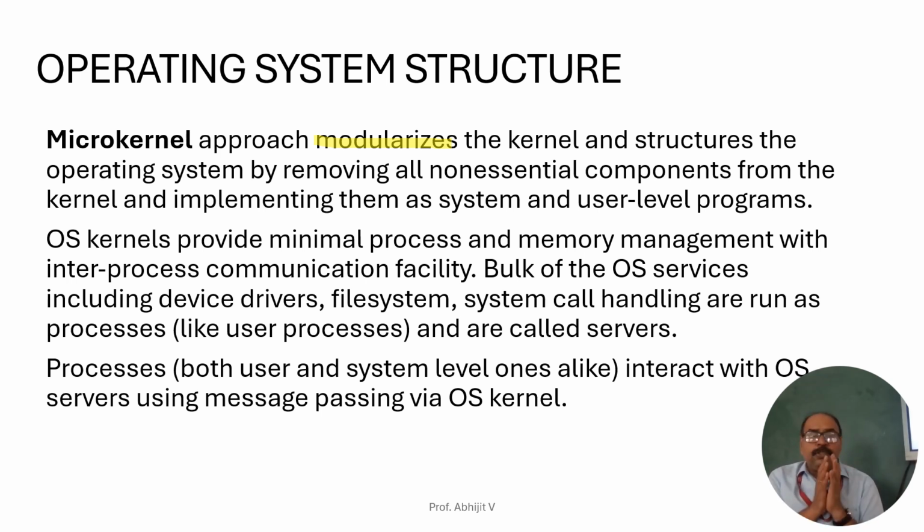The bulk of operating system services include device drivers, file system, system call handling, and are run as processes. And these are called servers. So what is a server? Servers means something that is going to give you something. It could be memory, it could be time, it could be a process or anything.